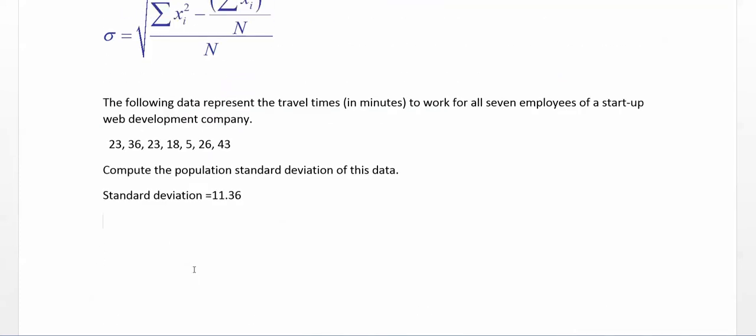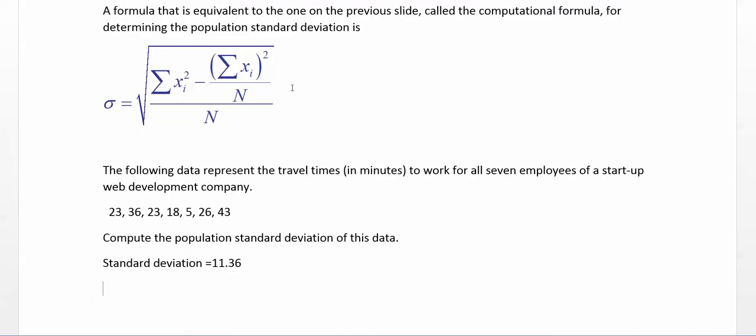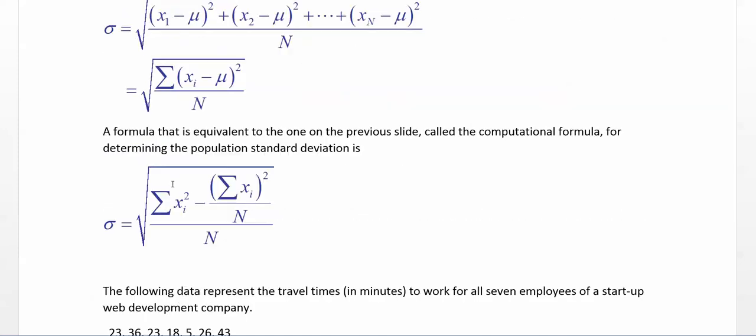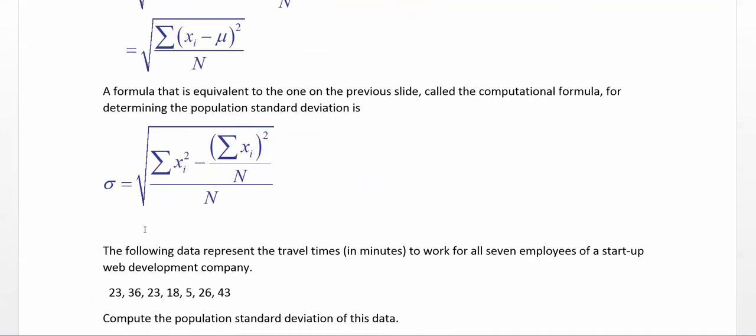Now we're going to look at this computational formula, this other form of the population standard deviation, which says if I square the observation and add it, and then add all the observations and square it, it's another way to get the same standard deviation.